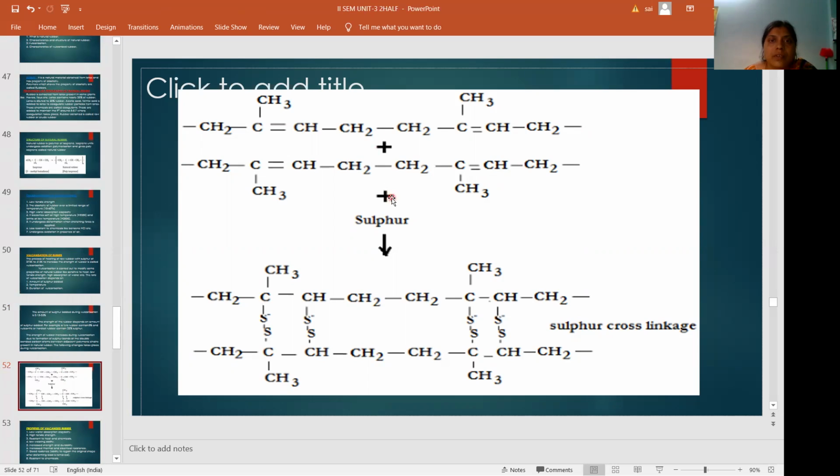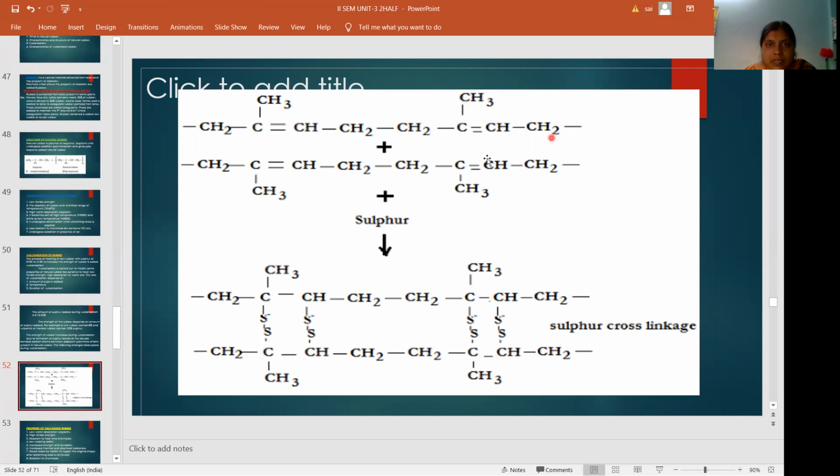So here, to this natural rubber, we are adding sulfur. On the arrow, you have to show the temperature range. Here it is not shown, as this is also pasted from Google. So what is happening? Sulfur is attacking the double bonded carbon atoms so that the strength of this natural rubber increases. When sulfur attacks, this double bond will break.